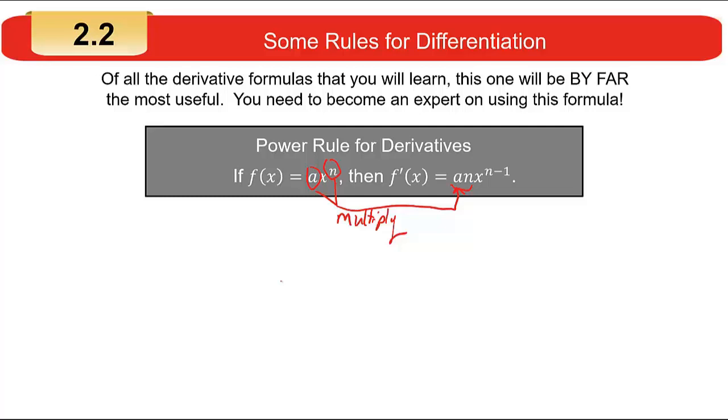Again, make sure you understand what you're going to do here. You're going to multiply the a and the n, the coefficient and the power. That becomes the coefficient of the derivative answer. And then you reduce the power from n to n minus 1. In other words, you drop it by 1. Very simple, but extremely important.